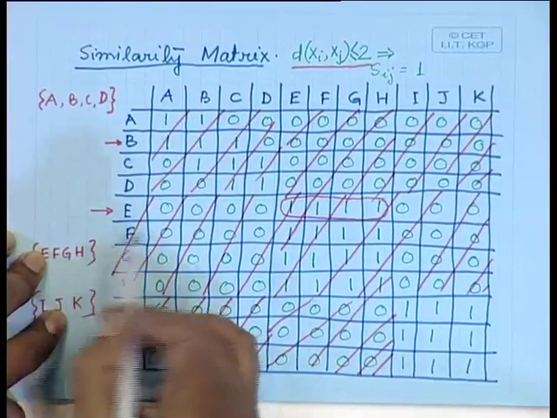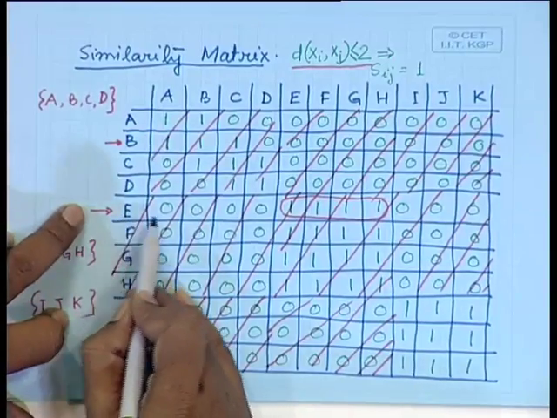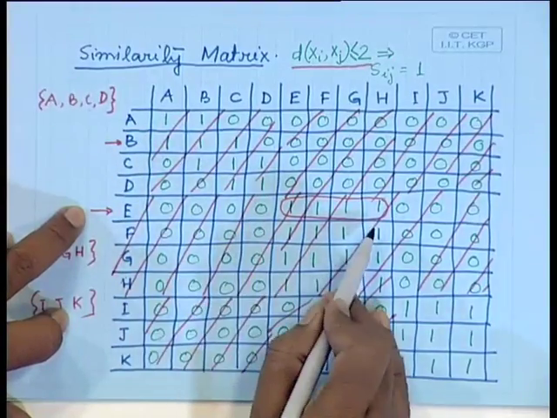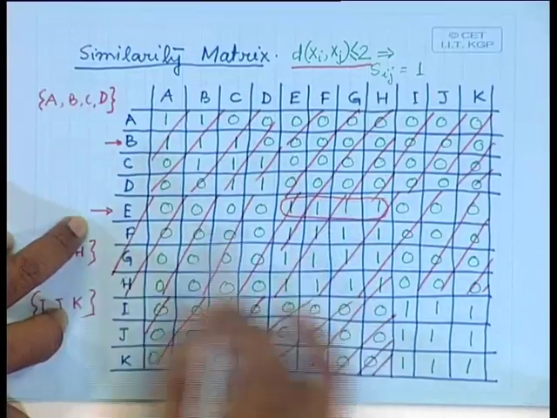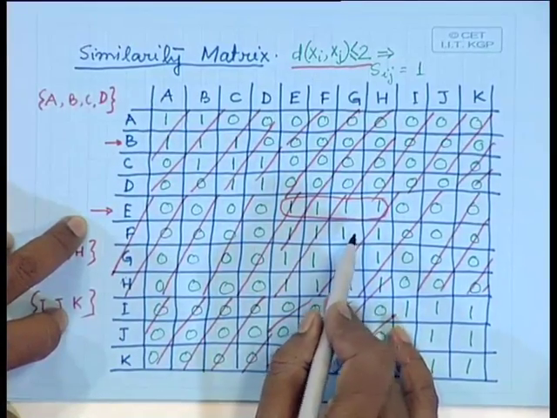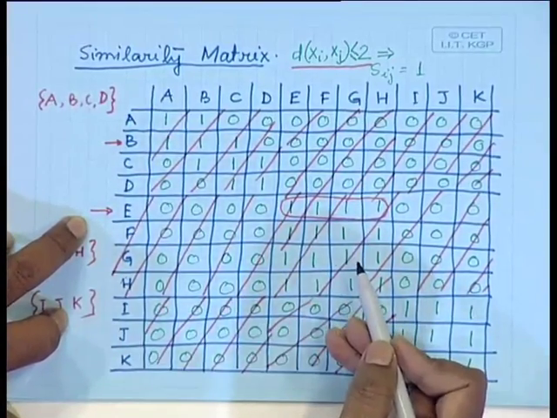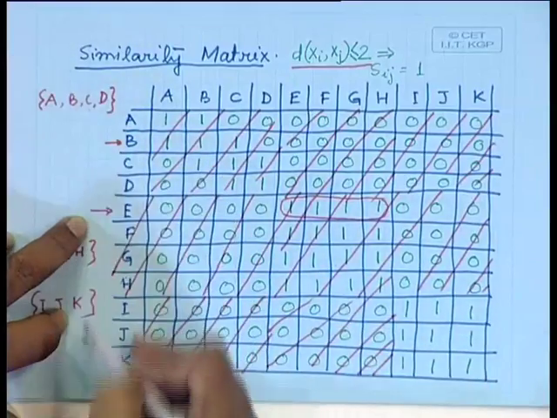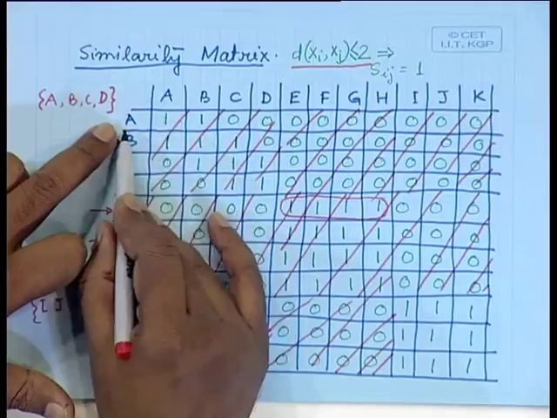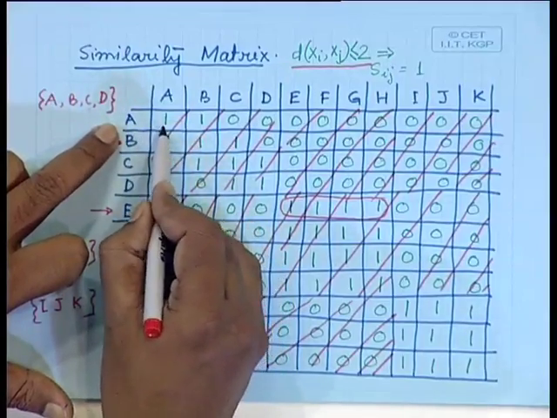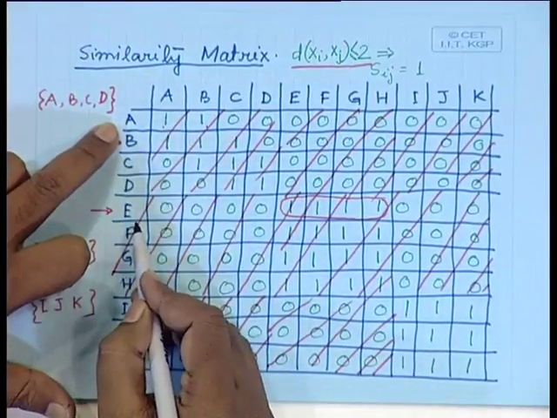Just for algorithmic convenience, we have said that we first consider the row which has the maximum number of ones. But even if I do not consider that row first, my final output will not change. Even if I had considered this row A first, A and B will be put into the same cluster.